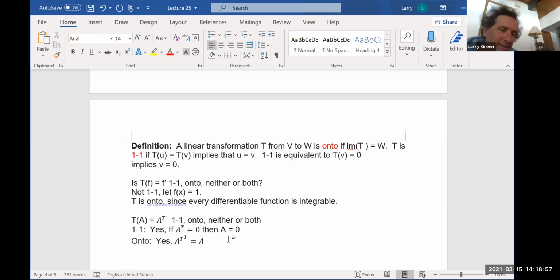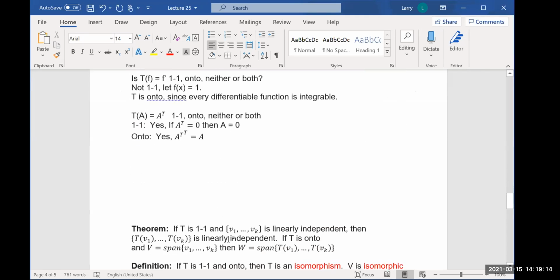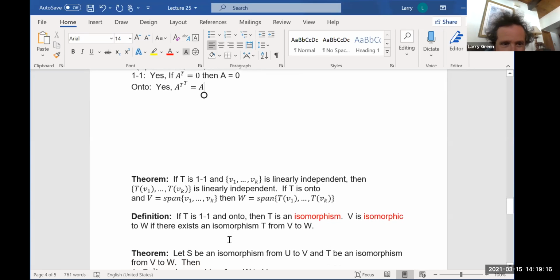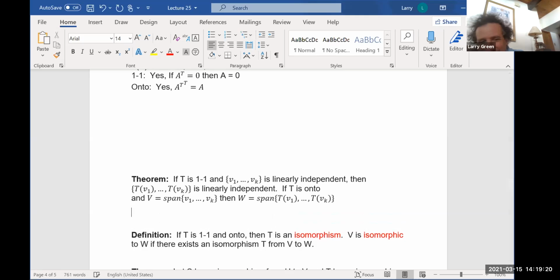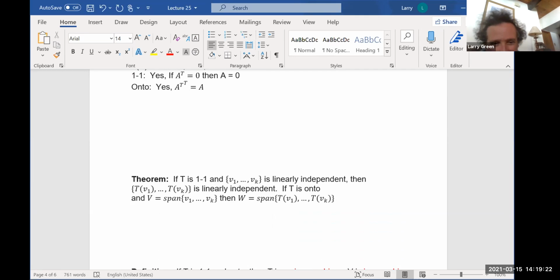So in this case, the transpose linear transformation is both one-to-one and onto. Any questions on that? Do you remember the definition that we had about one-to-one and onto? It's isomorphic. Mm-hmm. So that's coming. Actually, we got one more theorem first, and then we'll get to that definition about isomorphism.